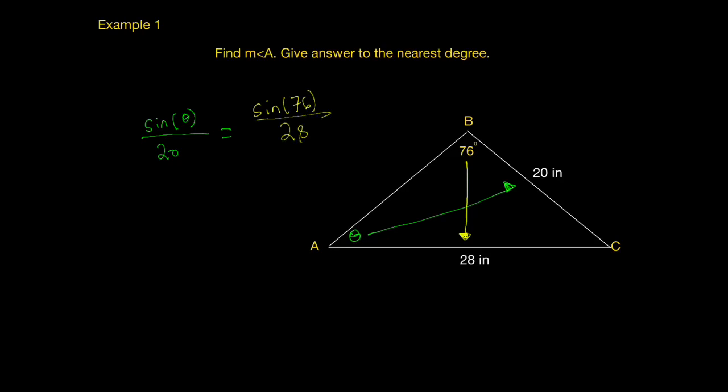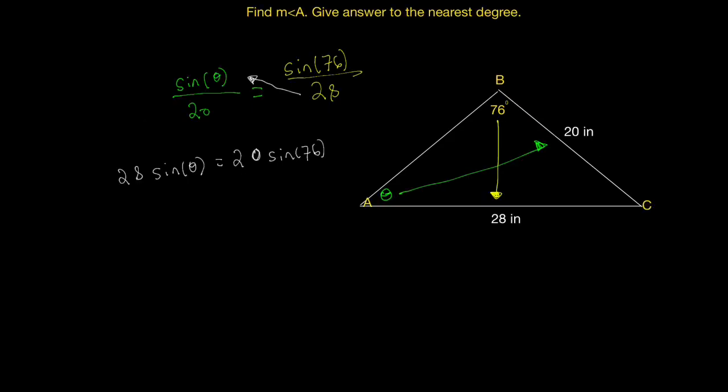We can solve this proportion by cross multiplication. So I'm going to multiply 28 times sine of theta, and that's going to equal 28 times sine of 76. And I made a tiny error. It should be 20 times sine of 76. So now I can split the equation.